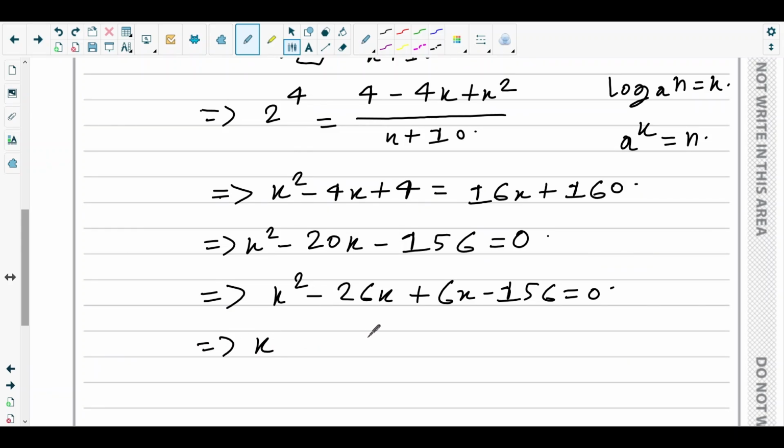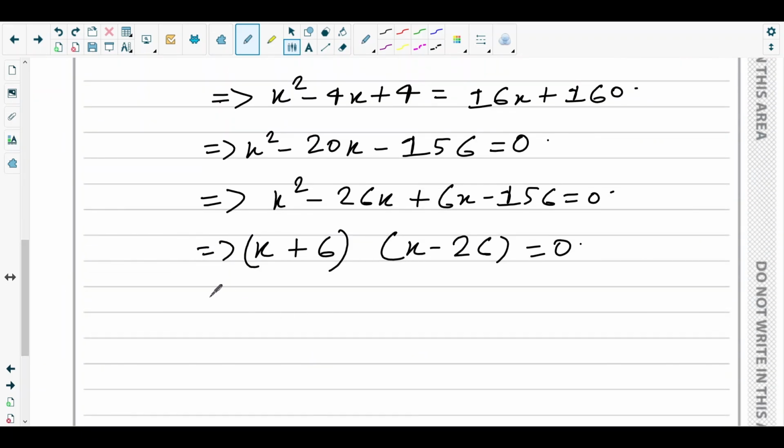We can take x common, so you will have x minus 26, and from there you can take plus 6 common, you will have x minus 26. Exactly. So either x equals negative 6 or x equals 26.